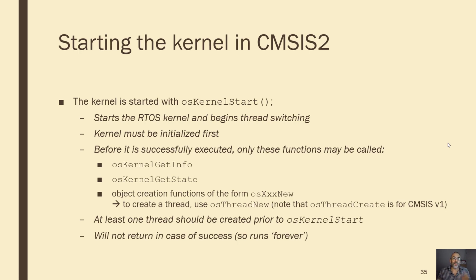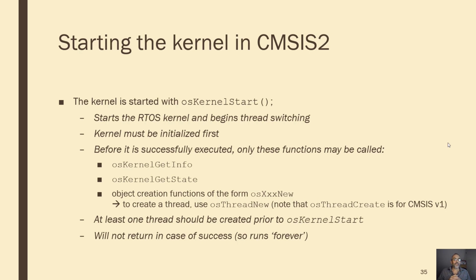That must be, of course, after you initialize the kernel, but also after you created your threads. So you should create your threads, at least one, but often all the threads that you need, but at least one thread should be created before you call osKernelStart, because after osKernelStart, the thread switching will start working.